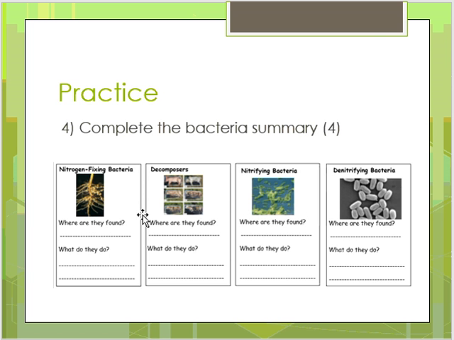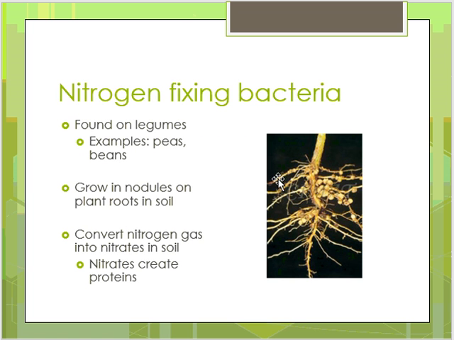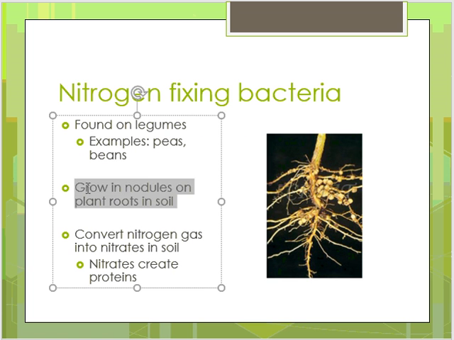Okay, and then there's a summary here, so where they're found and what they do. So you can use your notes to fill that in for each of those 4 different types of bacteria. Okay, so the first one is found in nodules on the plant roots, and it converts nitrogen gas into nitrates.